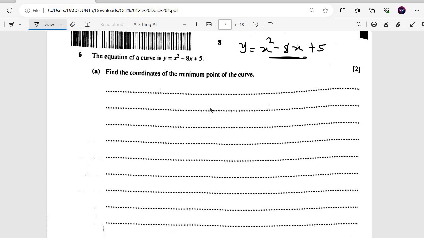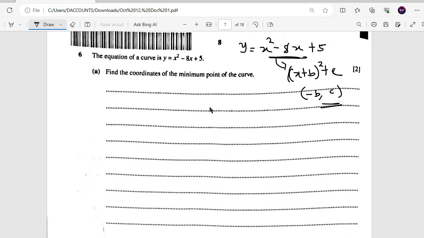To find the coordinate of the minimum point, it is advised you take the form to a completing the square form. If the form is like this, the minimum point will be minus b and c.